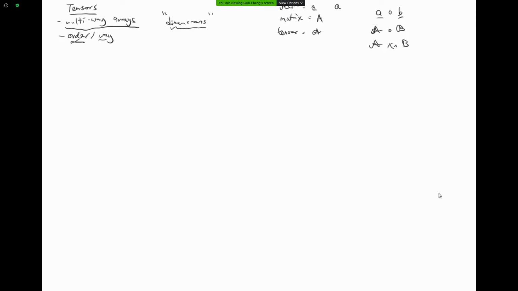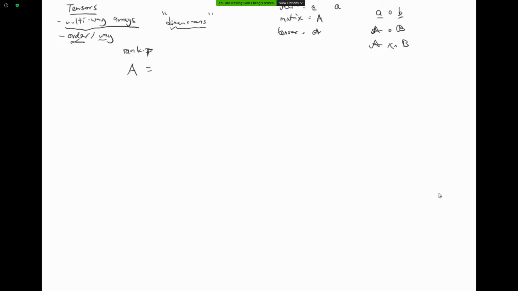If I have a matrix A and we say it has rank R, it means that only R of its columns are linearly independent of one another. No more than R of them will be linearly independent.